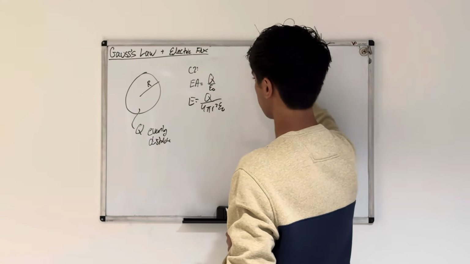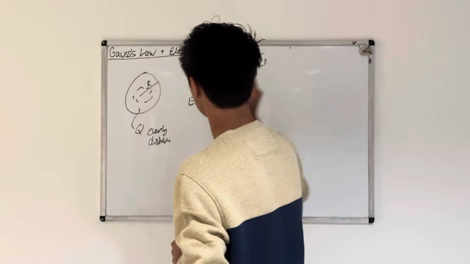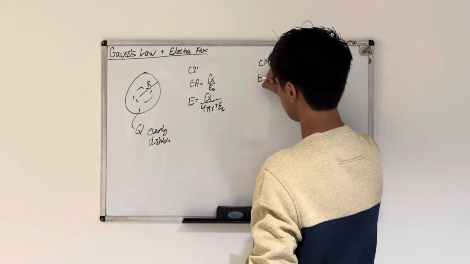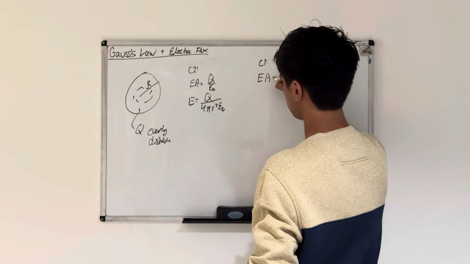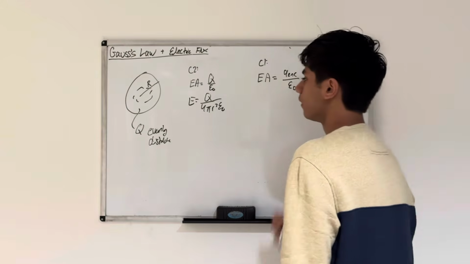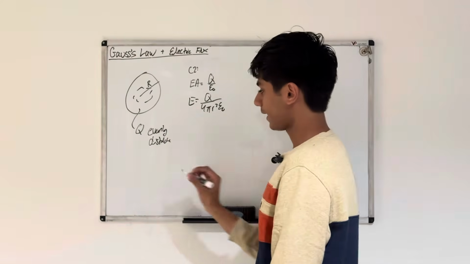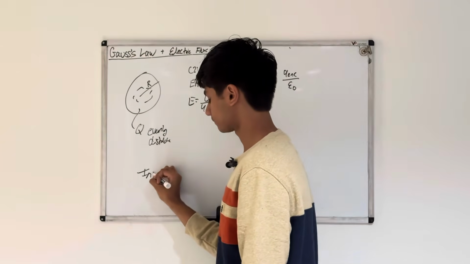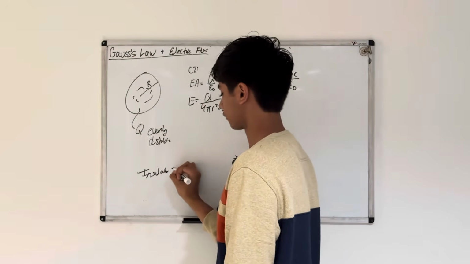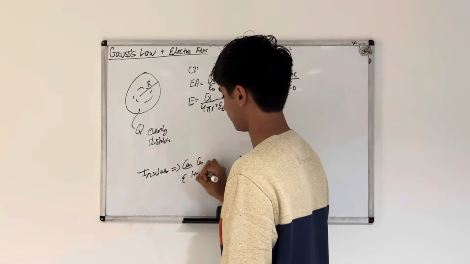But what about case 1? Case 1 is going to be a sphere like that. So here we have that E times A is equal to Q enclosed over epsilon naught. So the question is, do we have an electric field in this situation? And the answer is, when we have an insulator, there can be an electric field inside the insulator.